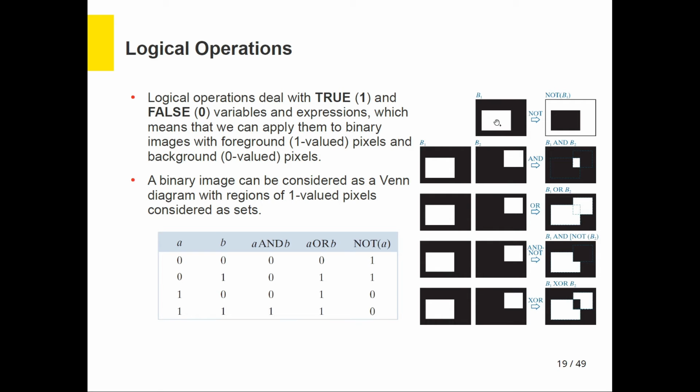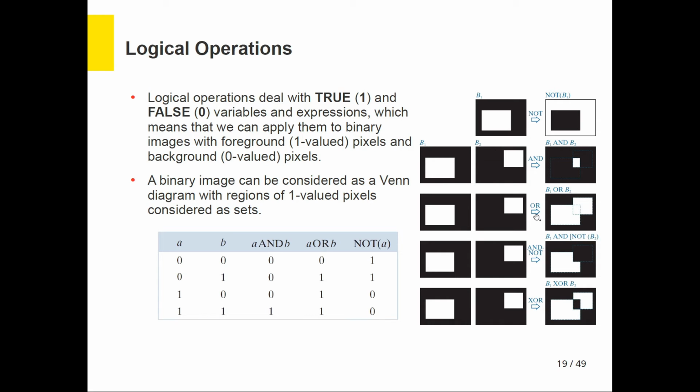So if we have a B1 image with this background region and this foreground region, we can calculate the NOT of this image. So anywhere in the background is now white and anywhere in the foreground is now black. If we have two sets, B1 and B2, we can calculate the logical AND operation, which is any pixel that is basically in both sets B1 and B2.